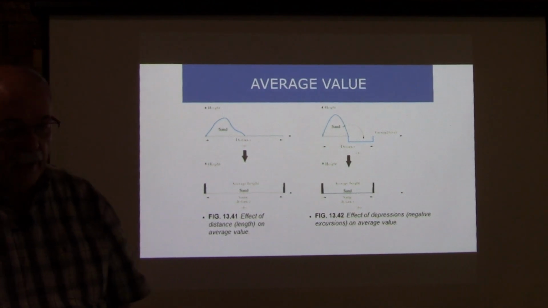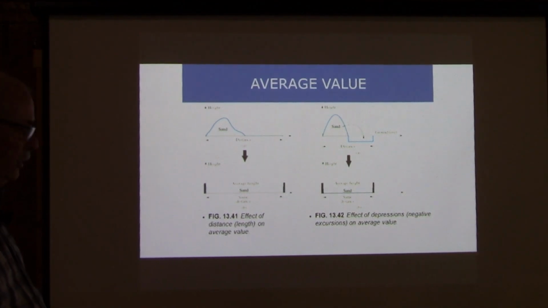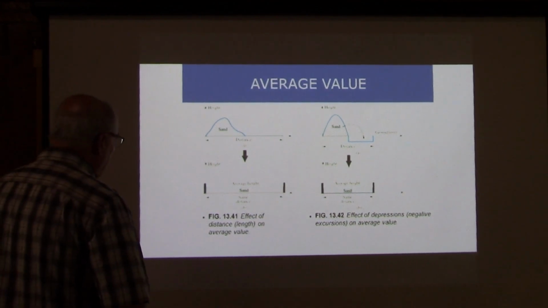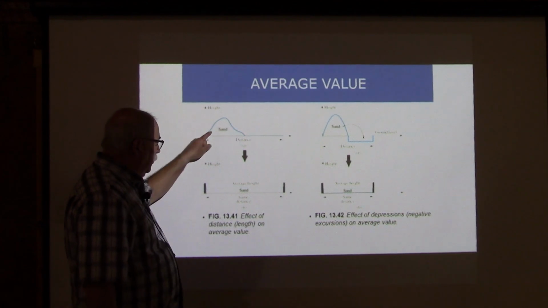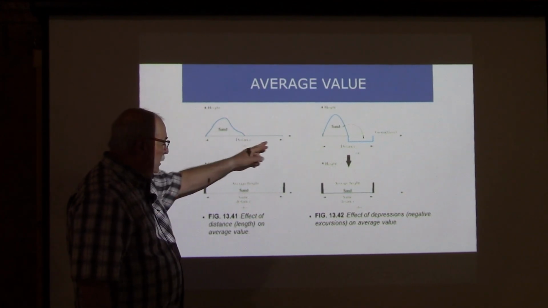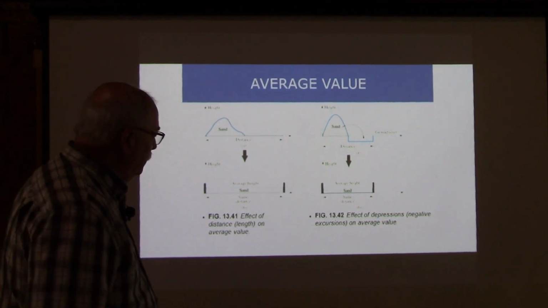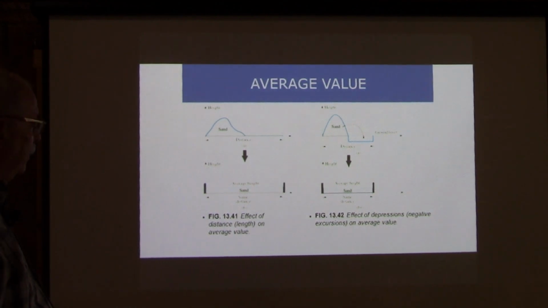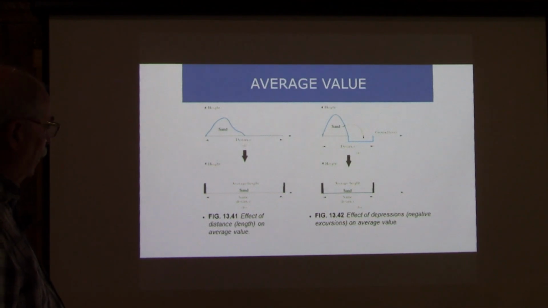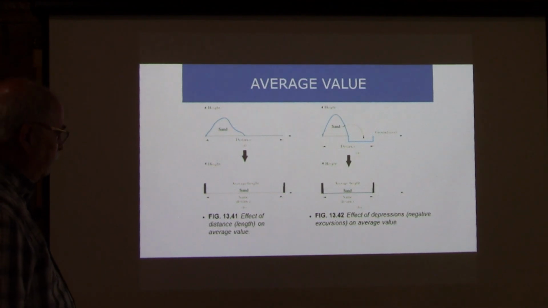The analogy here is the distance could be the time that it takes for one complete cycle. We'll talk about that. But imagine this being half a cycle of a sine wave, and this not being distance but time. In the second example, we have a pile of sand, and then we have a reduction of sand over a cycle, and you have to find the depression.